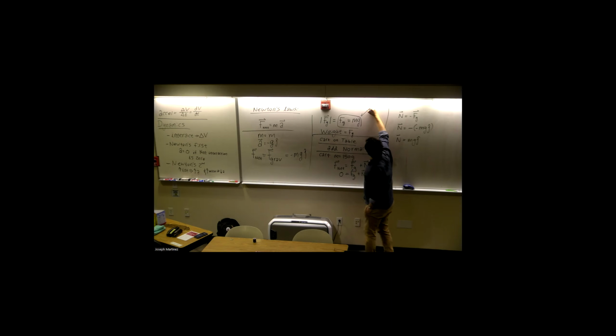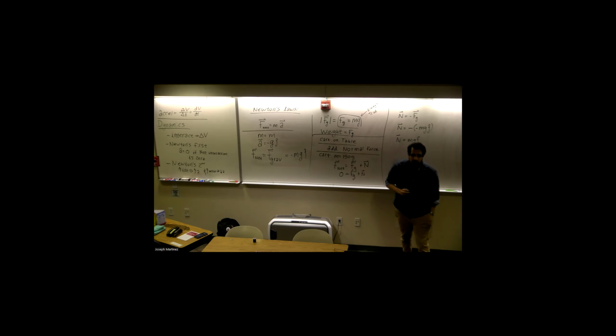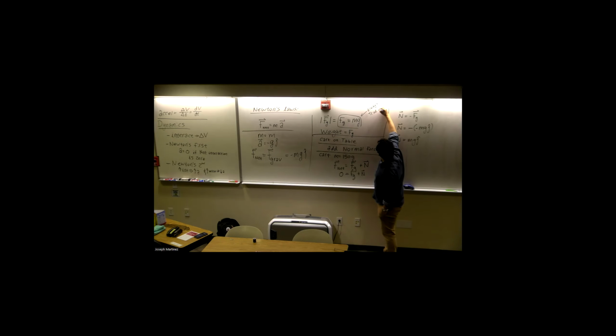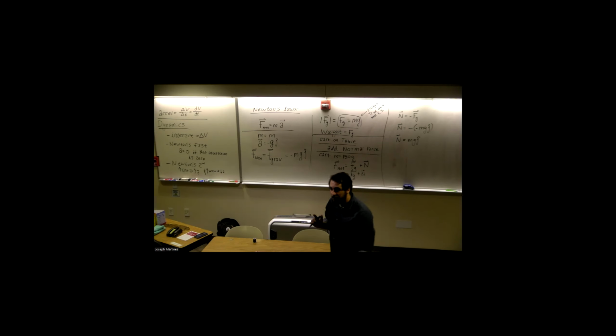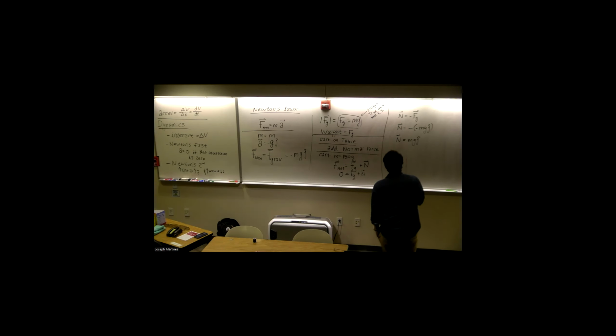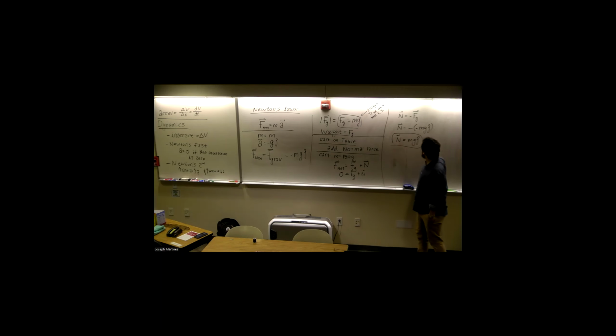While the gravitational force is always described by the mass times the acceleration due to gravity, and I'll put a caveat here, while near Earth's surface, that is always true near the Earth's surface, this equation is not always true.